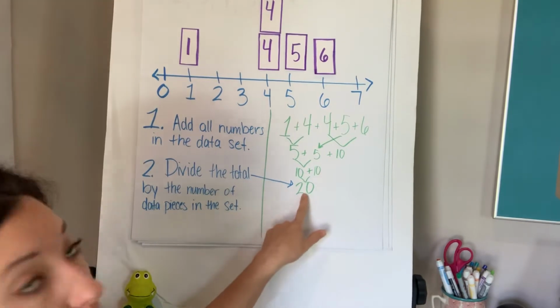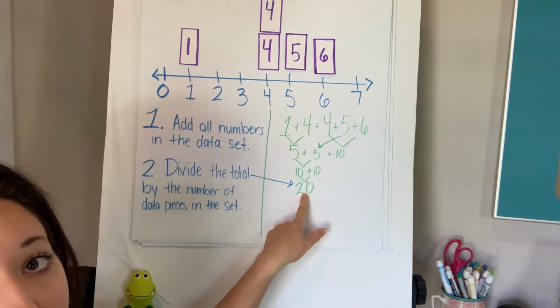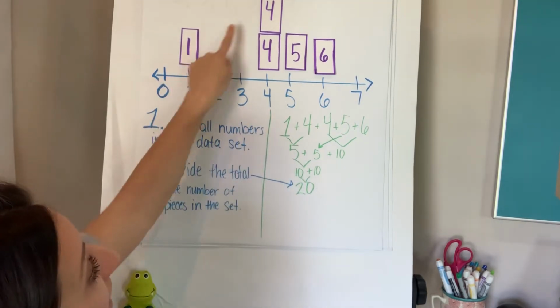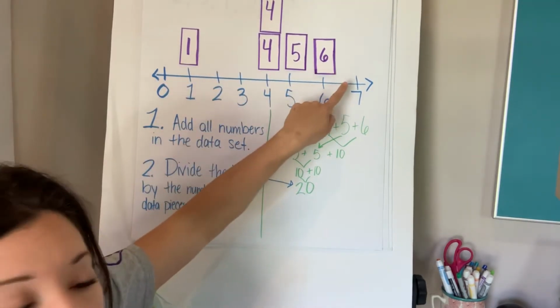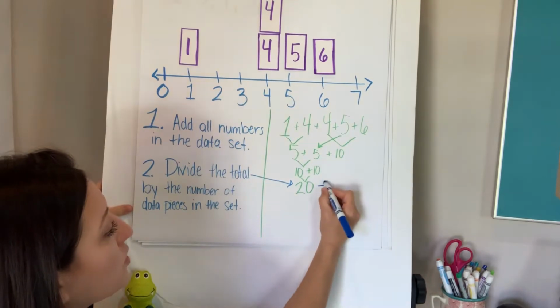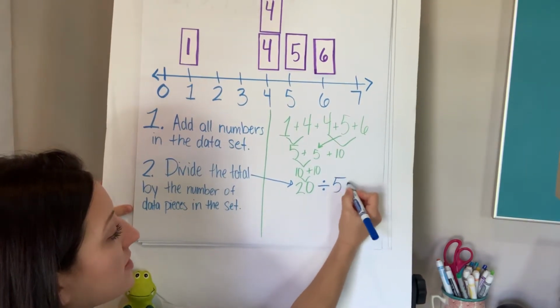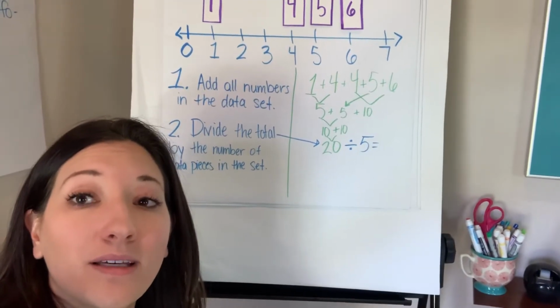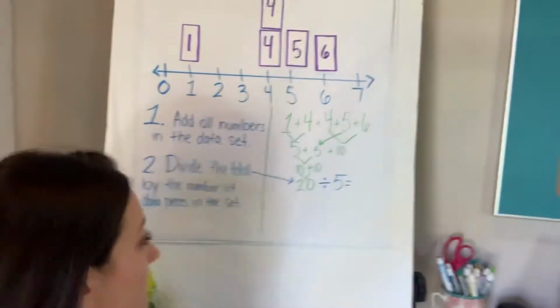So that means I'm going to take 20, which is my total, and I'm going to divide it by 5, because I have 5 of these numbers in my data set. So 20 divided by 5, that means that my mean is going to be, what? 4.